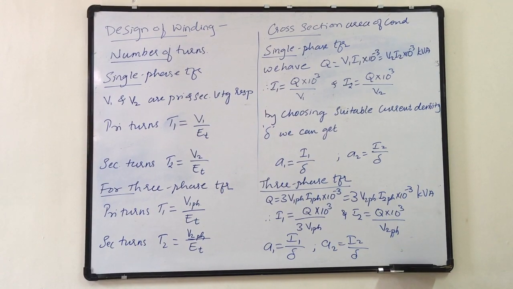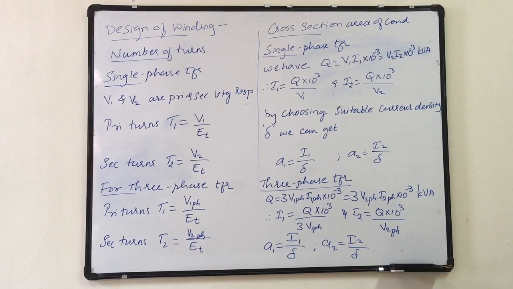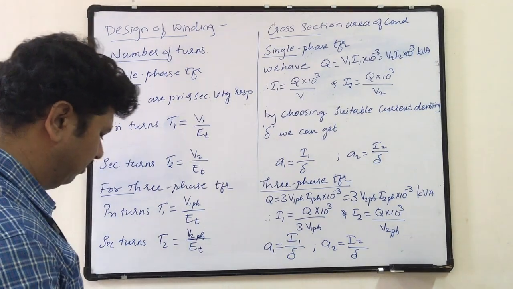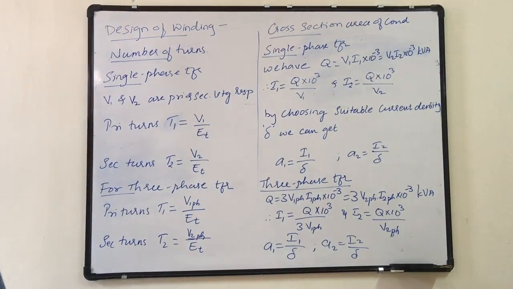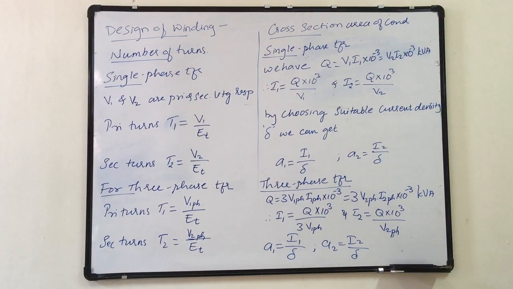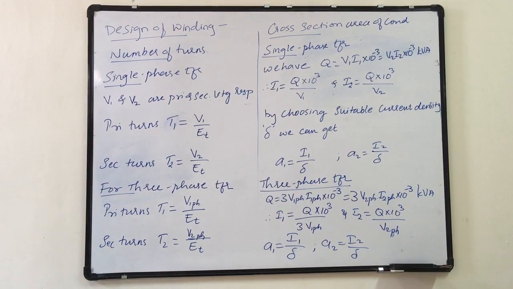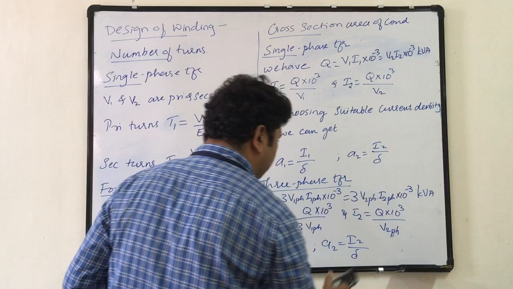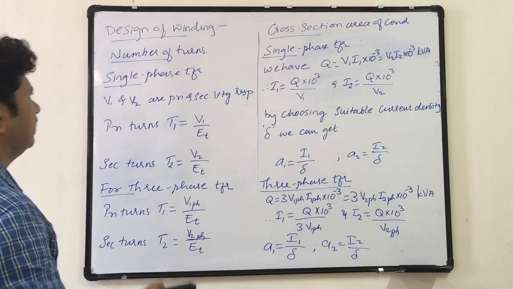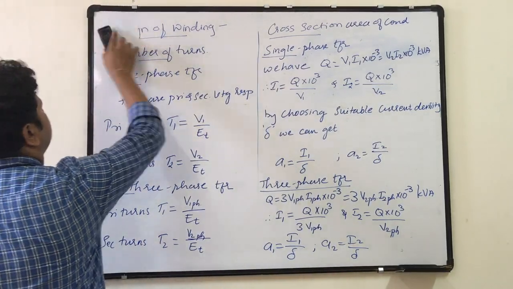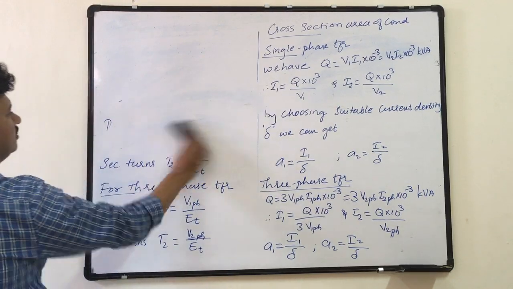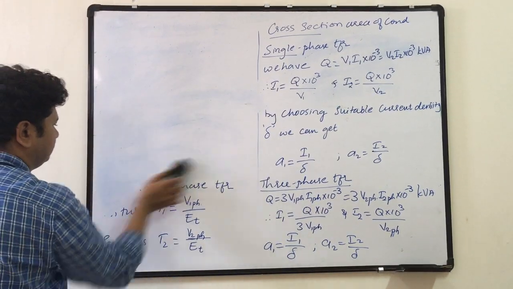Next is choice of window dimensions. In the previous discussion we calculated the value of Kw. We can get the value of Aw there. Once I get the area of window, we'll draw the diagram.